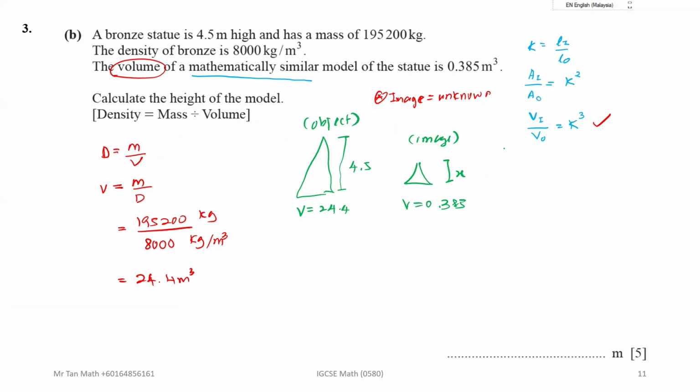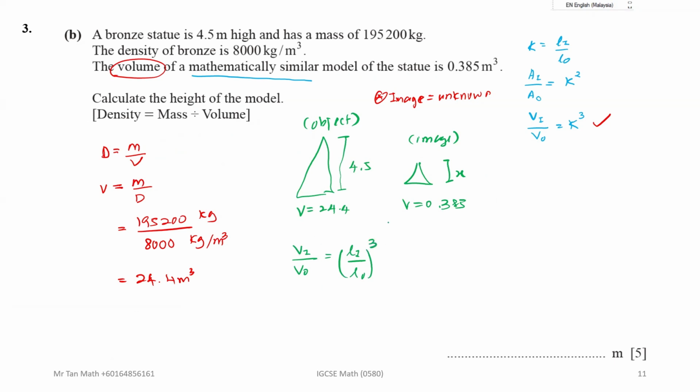So you calculate here. So volume of image over volume of object equal to K, substitute with the length of image over length of object, cube.